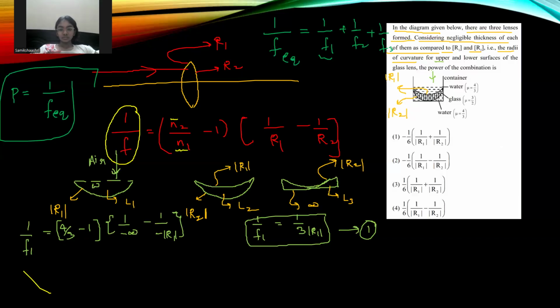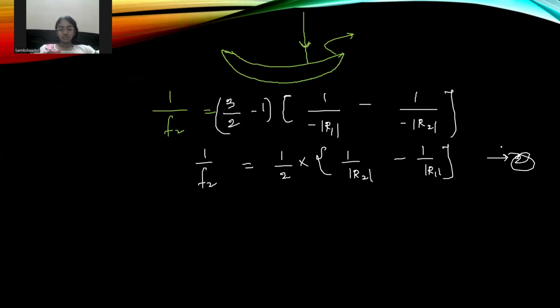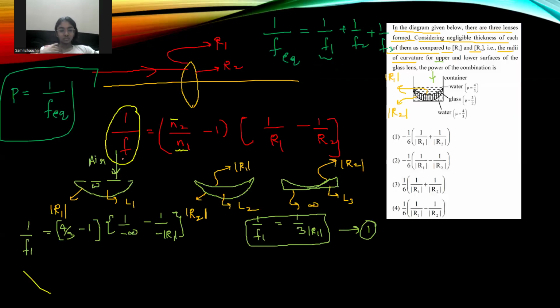Now see, here for the third, this is the case like this. Is it so? Clear? So what is 1 upon f3? That is coming like this. N2 by N1. N2 is what? It is going where?